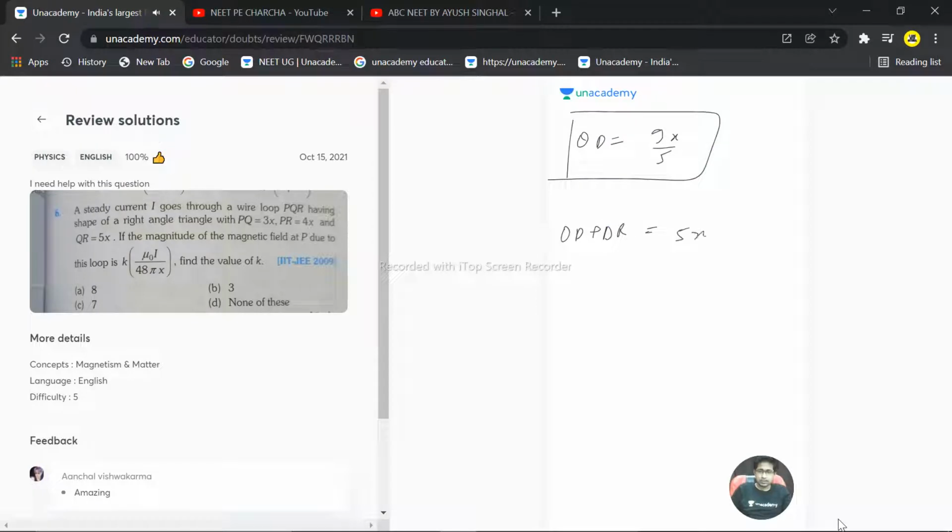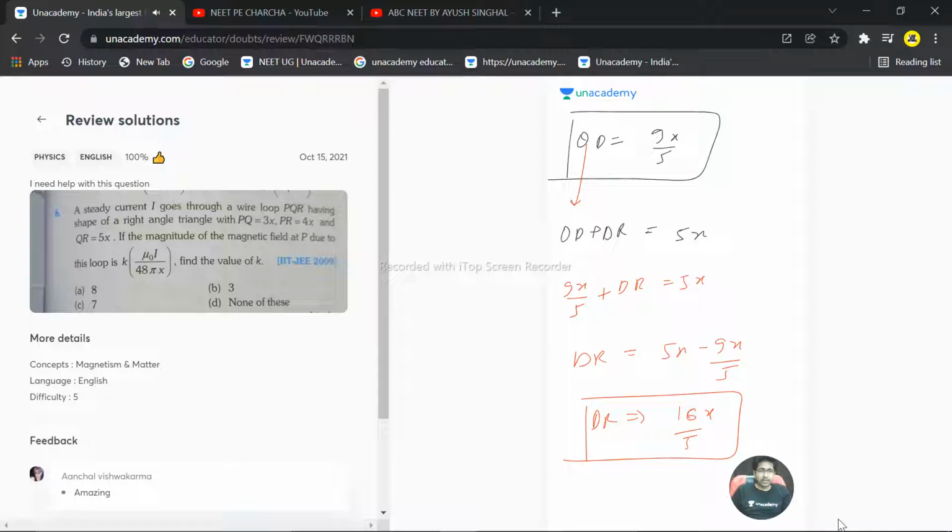We have already calculated QD, that is 9x by 5, plus DR is equal to 5x. So DR is 5x minus 9x by 5, that is 25 minus 9, which is 16x by 5. That is the value of DR we have right now.